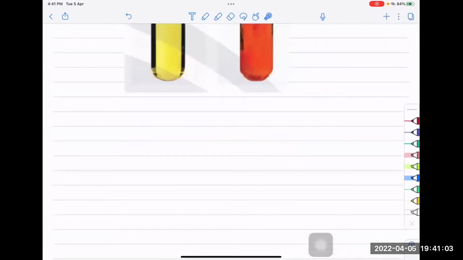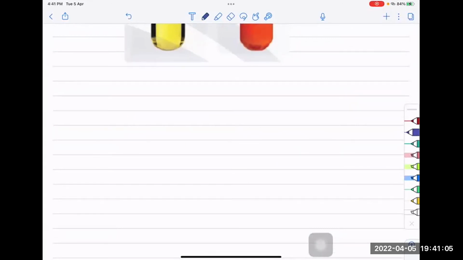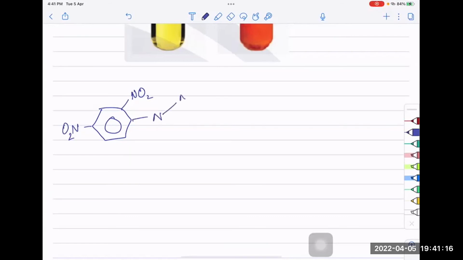So let's react it. Let's look at an example. I have 2,4-DNPH. So I draw the hexagon, nitro here, N with another N with two hydrogens. Okay. Another hydrogen here. So this is 2,4-DNPH. I reacted it with, let's say, this compound. What is this compound? What is its name?